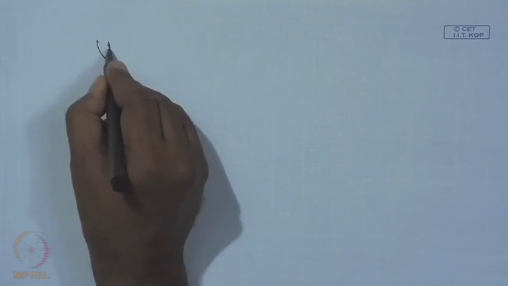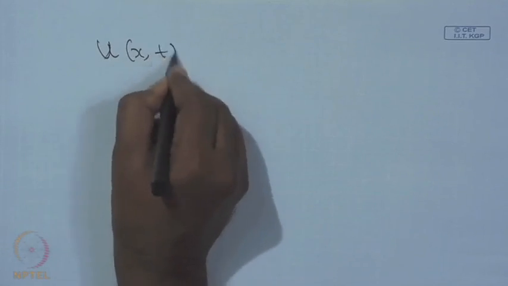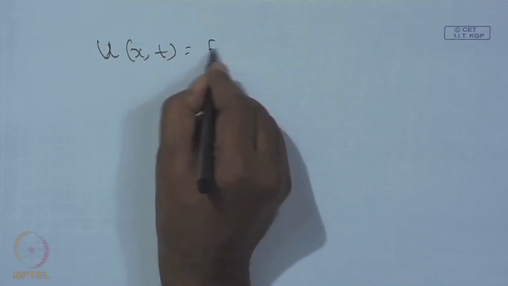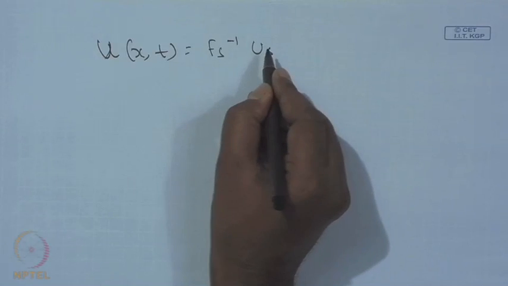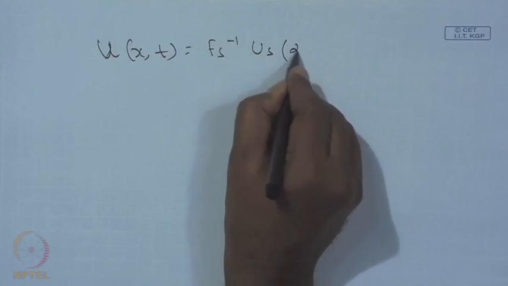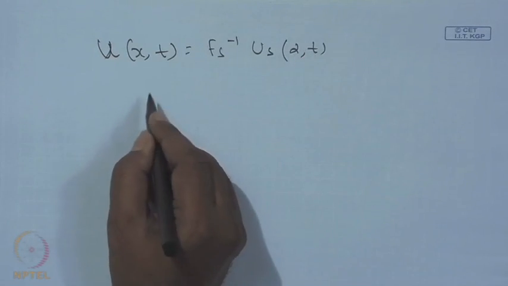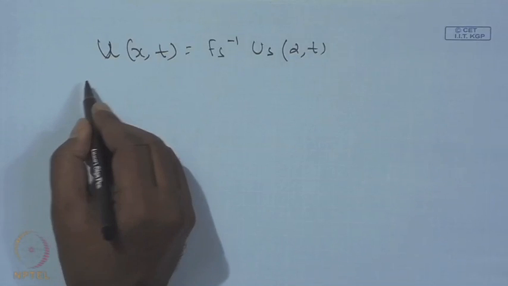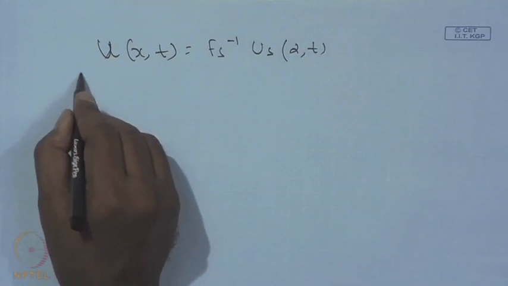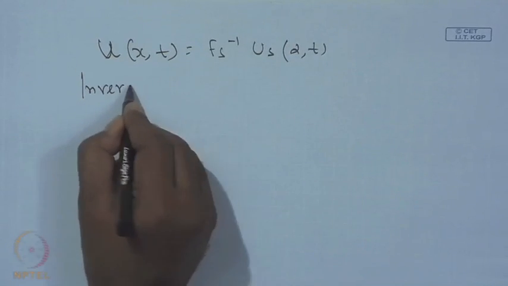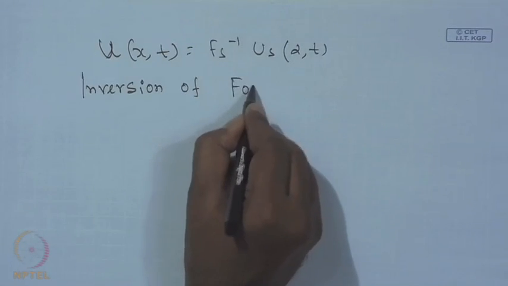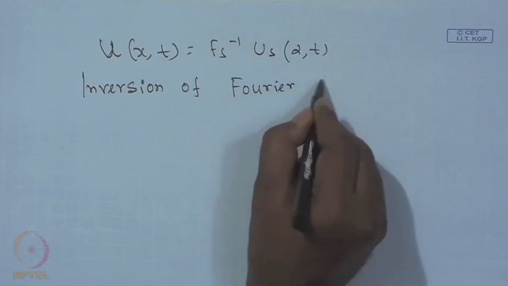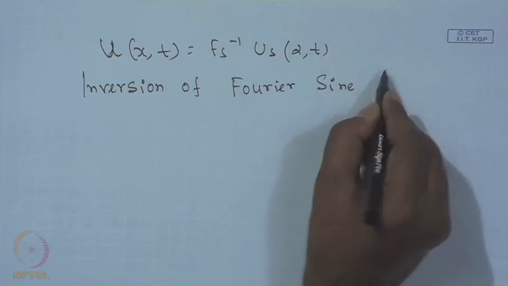So, you will be getting u as a function of x and t once you take the inverse Fourier sine transform of u_s. Now, let us do a little bit of inversion of the Fourier sine transform.